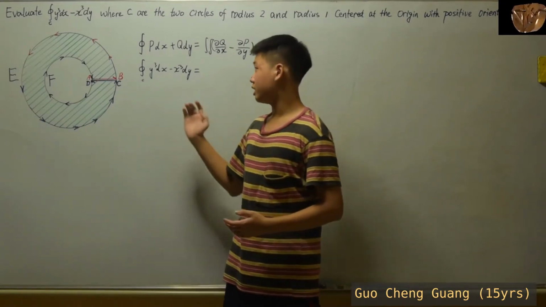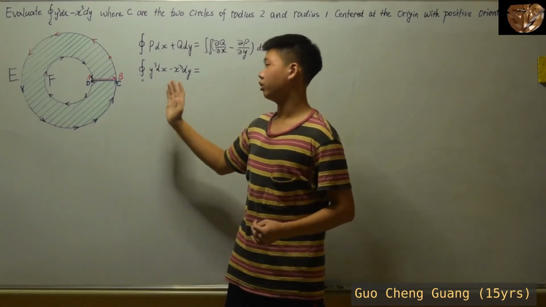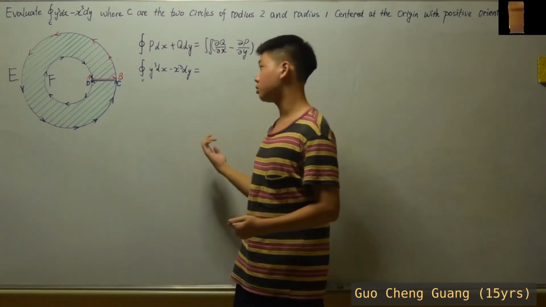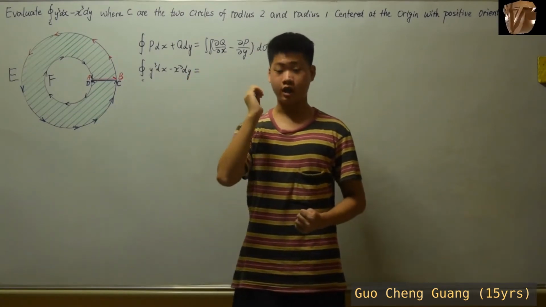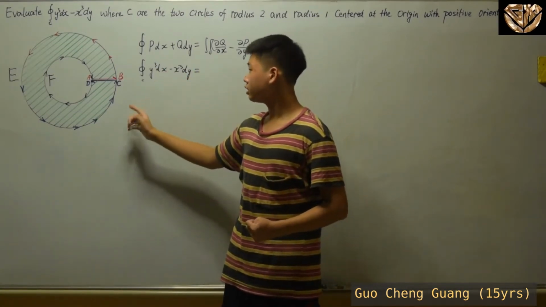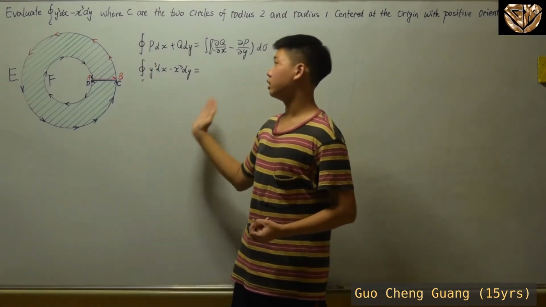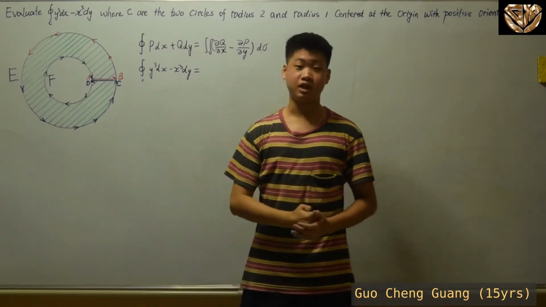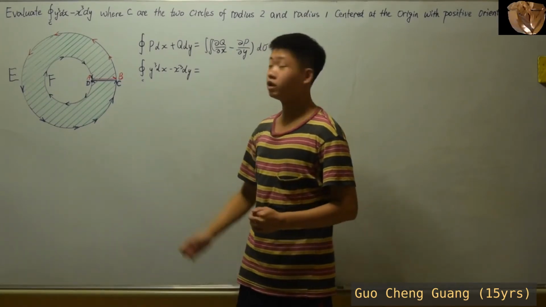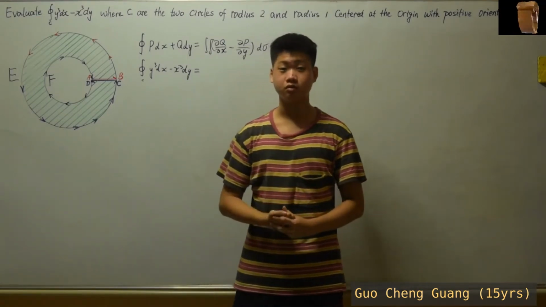That means if you're running along it, then whatever area is close to you has to be on the left side. So let's say you're on the outer ring, then you have to be running anti-clockwise, since the area needs to be on your left side. That is pretty much what is meant by positive orientation.